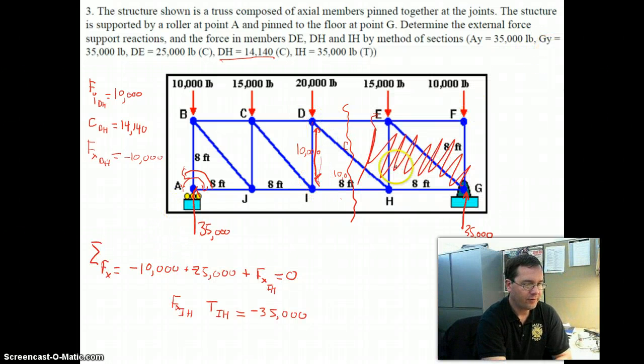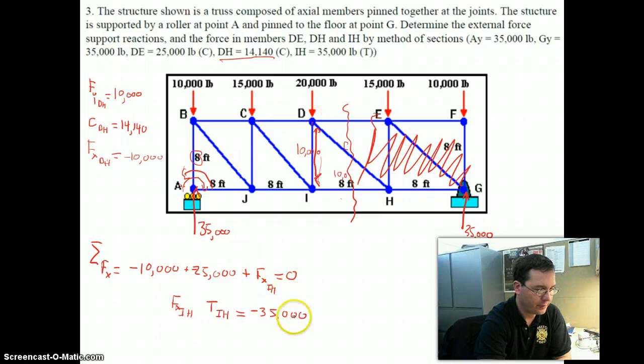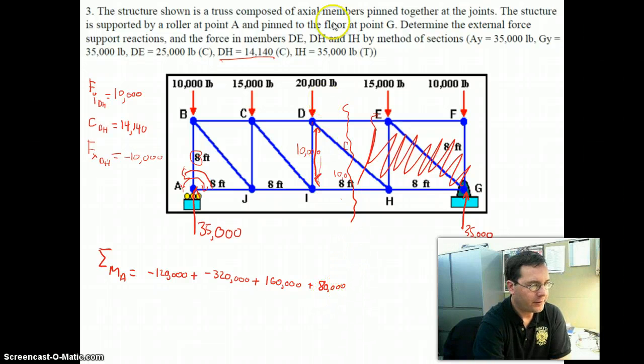Additionally, we have the horizontal component of the thrust of member DH, which is acting on an effective lever arm of 8 feet. So it's 10,000 pounds leftward on an 8-foot lever arm, which is going to give us 80,000 pound-feet. So here we have the formula written out.